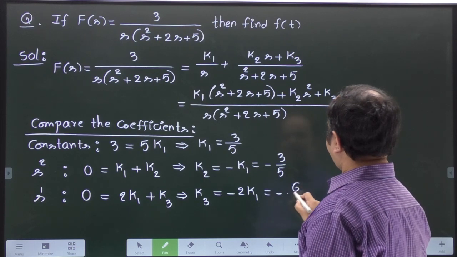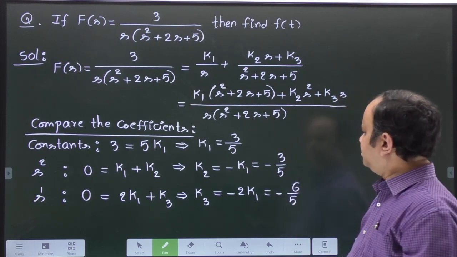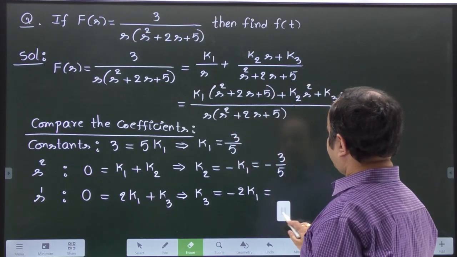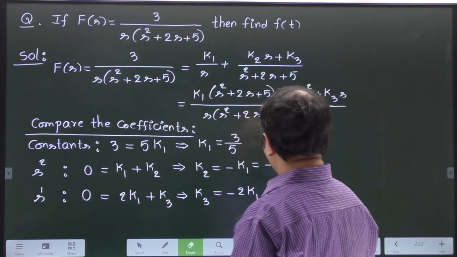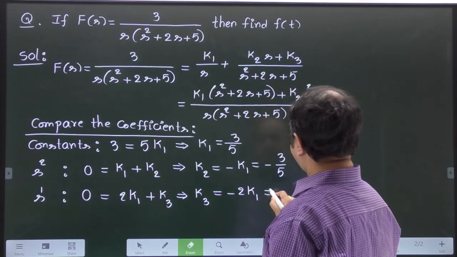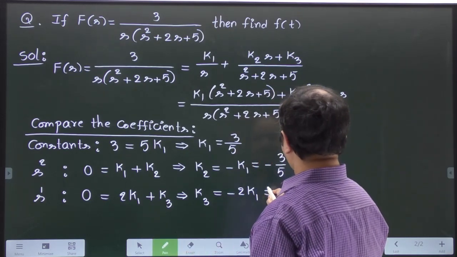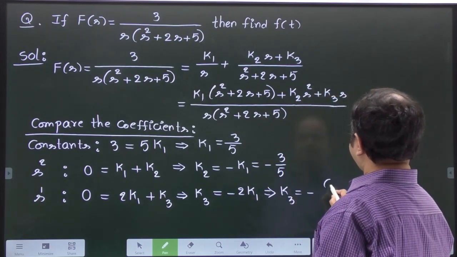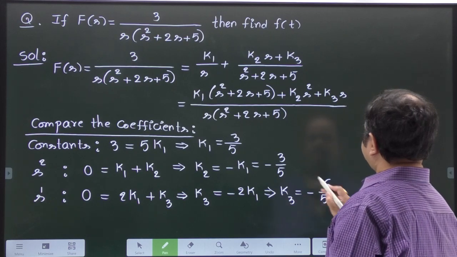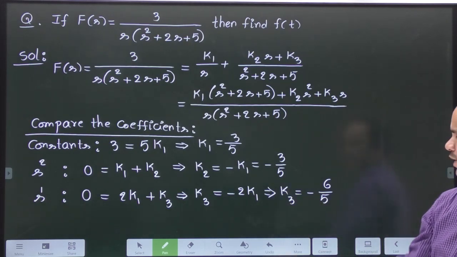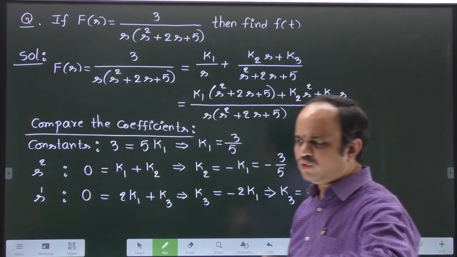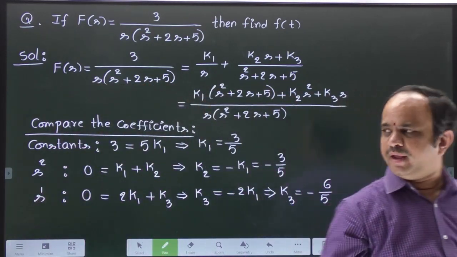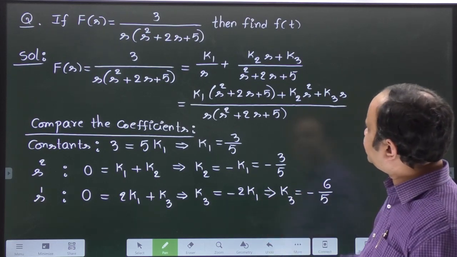Hence I can write k3 is equal to minus 6 by 5. So these are the coefficients. If you practice multiple problems, you will be able to write down these coefficients directly.